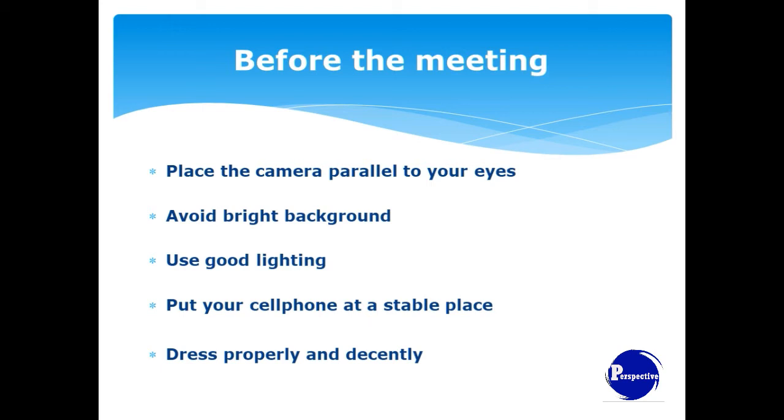On one hand, it breaks the concentration of the rest of the members who are participating along with you, and also it gives a false image of yourself, that you are such a novice, you don't know how to use a cell phone at all. So that's why it's very important to keep your mobile phone at a stable place and not to hold it at all.